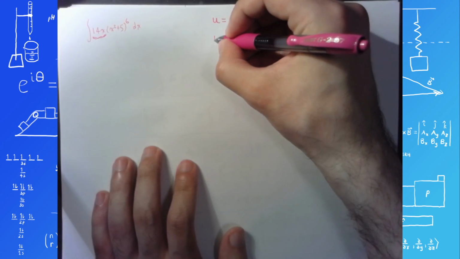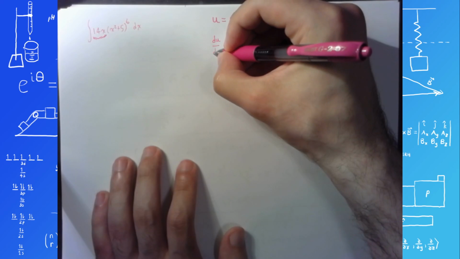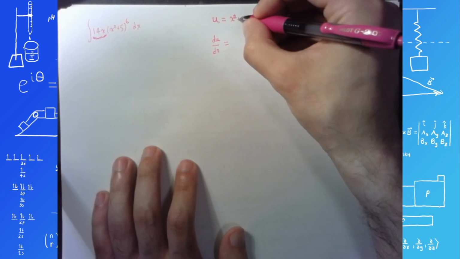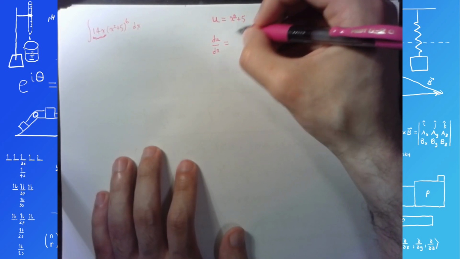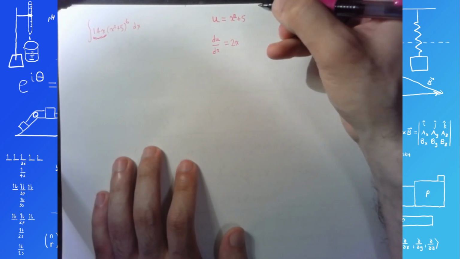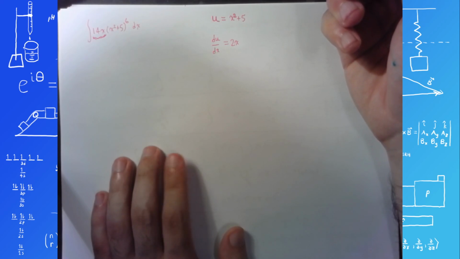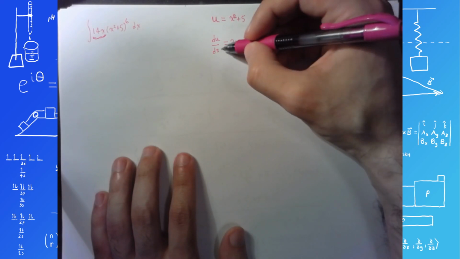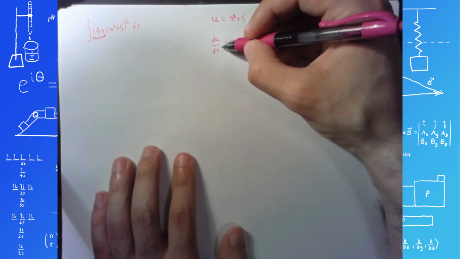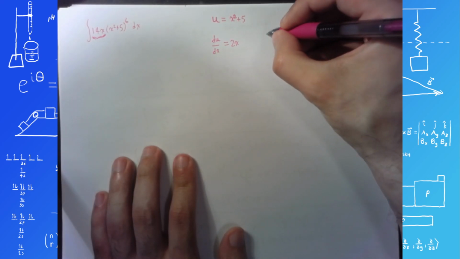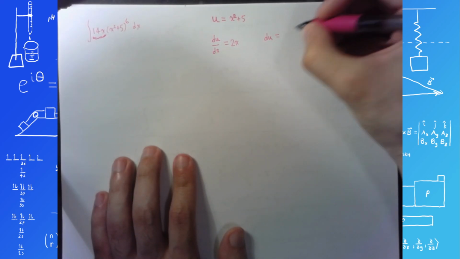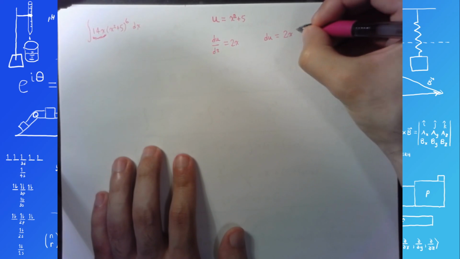So I'm going to get du dx equals the derivative of x squared plus 5, which is 2x plus nothing. Now, math professors will get mad at you if you say this, but essentially you can quote-unquote multiply both sides by dx, and this becomes du equals 2x dx.